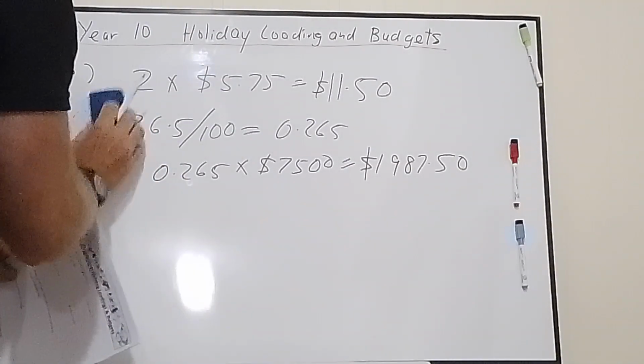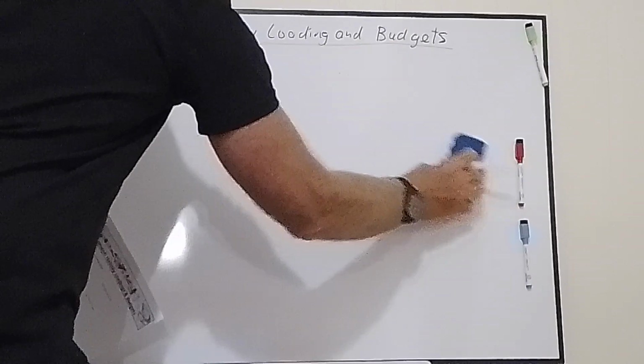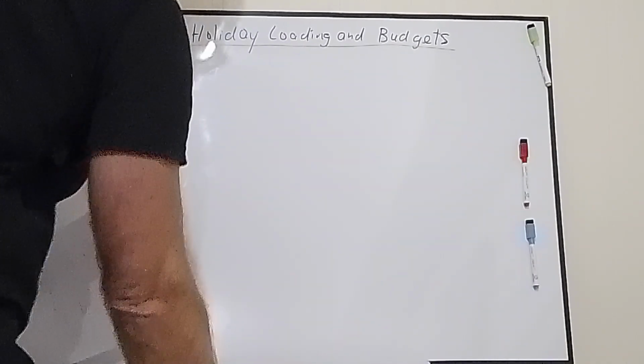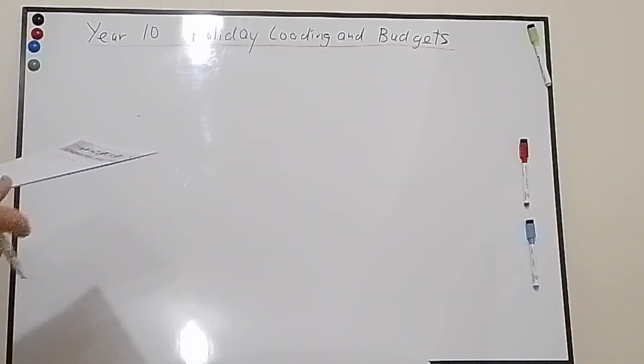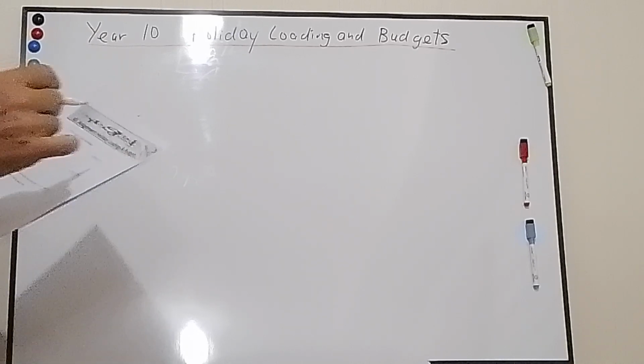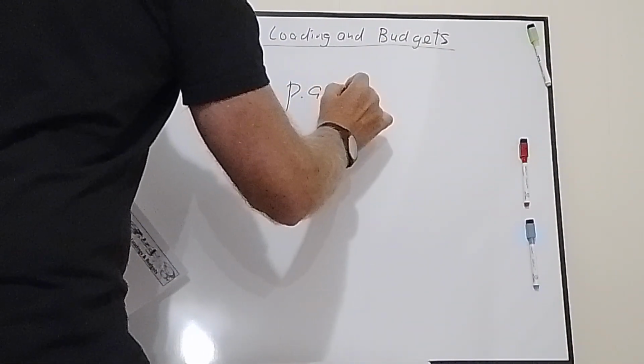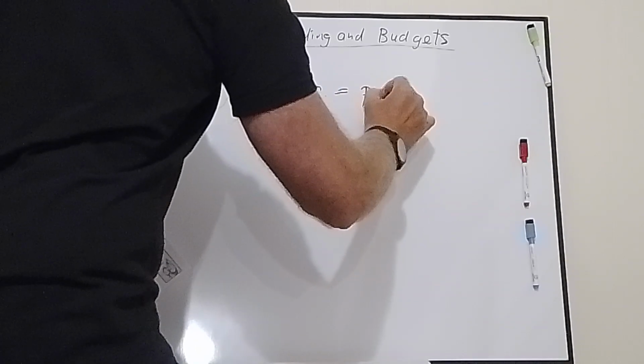Okay, now question 2 on page 1. We've got Amelia is a first year teacher and is on a salary of $67,298 per annum. PA means per annum, which just means per year.